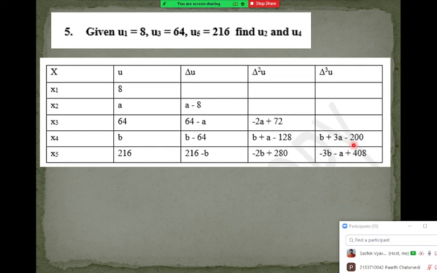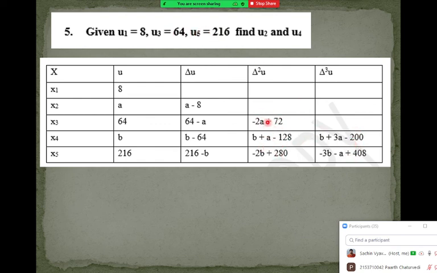Now, as three pairs are given, the third differences are equated to 0. Got it?